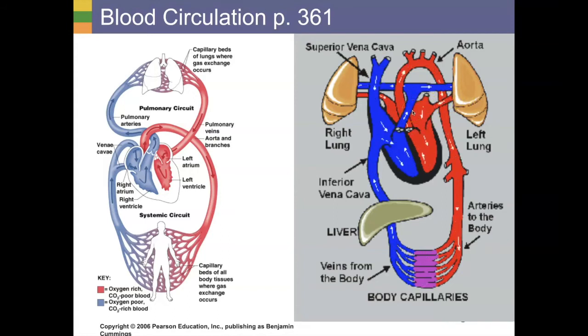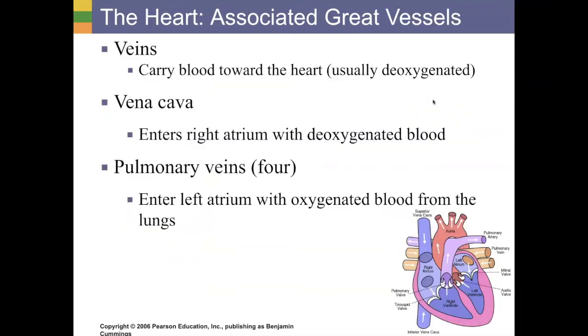And anytime we have blood traveling towards the heart, these little vessels, these tubes, are what we consider our veins. So veins always carry blood towards the heart. And again, just like our arteries, it's usually going to be deoxygenated. In other words, it's not always going to be. Specifically in the case of the pulmonary veins, which we have 4 of, 2 leading from the left lung, 2 leading from the right lung.